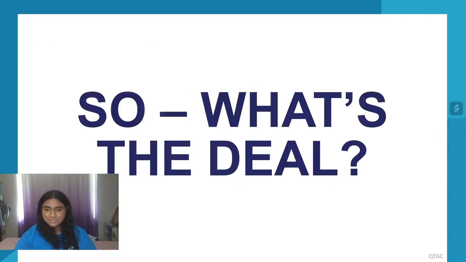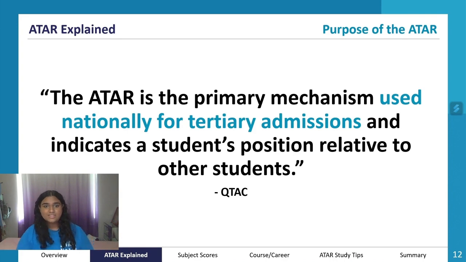So in terms of what's the deal, the ATAR, according to QTAC, is the primary mechanism used nationally for tertiary admissions and indicates a student's position relative to the other students. At the end of the day, it's a mark that shows you how well you've ranked against all of the other students in Queensland.